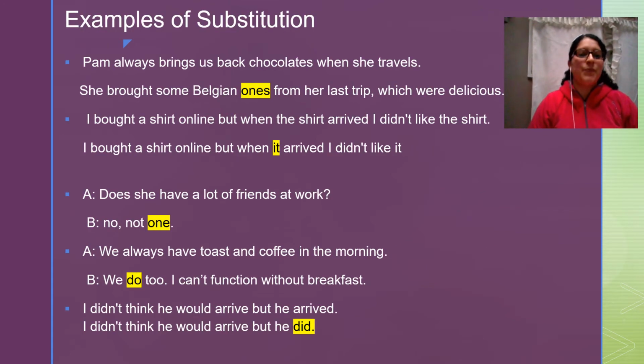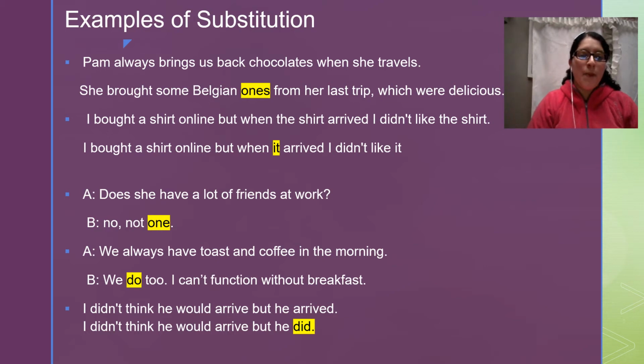For example, Pam always brings us back chocolates when she travels. She brought some Belgian ones from her last trip, which were delicious. In this sentence, we use ones to avoid repeating chocolates. The second sentence, I bought a shirt online, but when the shirt arrived, I didn't like the shirt.